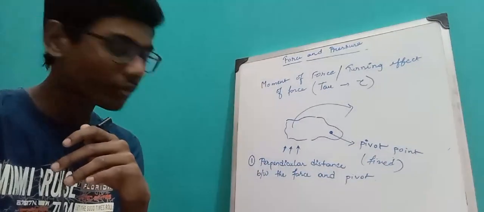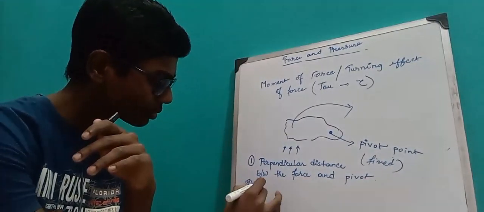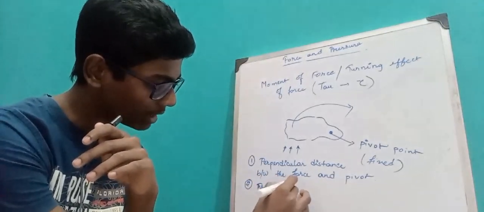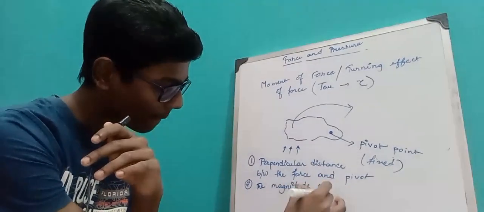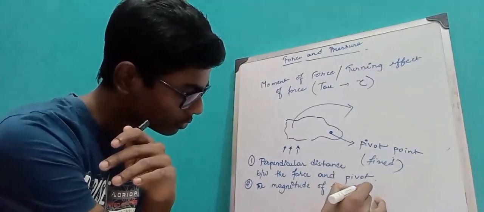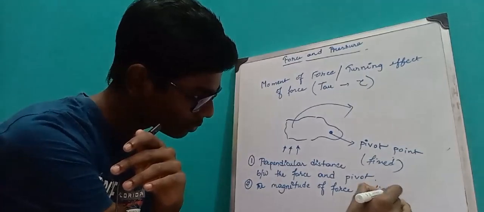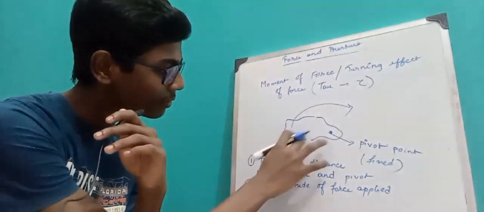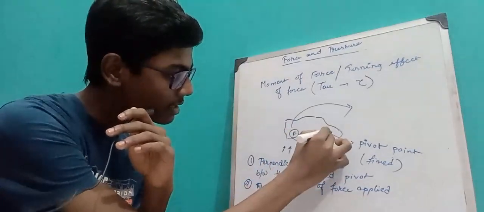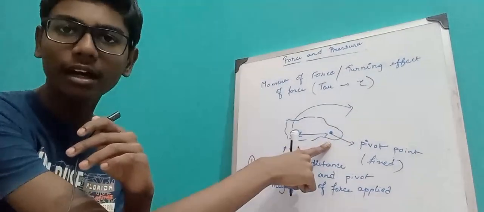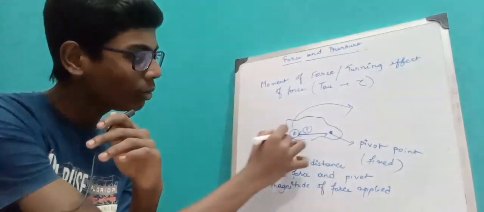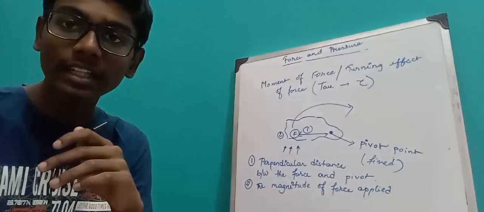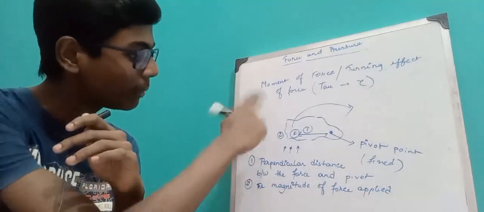And second, the magnitude of the force applied. Suppose I am applying force over here. The distance between the force and the pivot is your first, and the amount of force applied, the magnitude of force, is your second. So these two are the main factors affecting the moment of force.